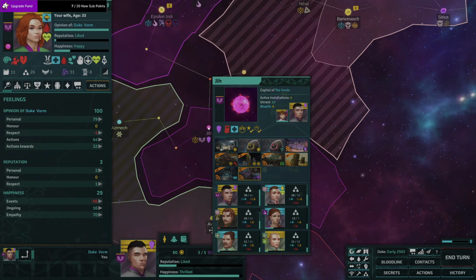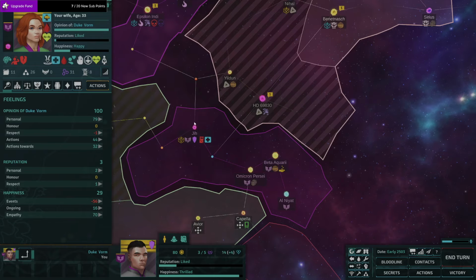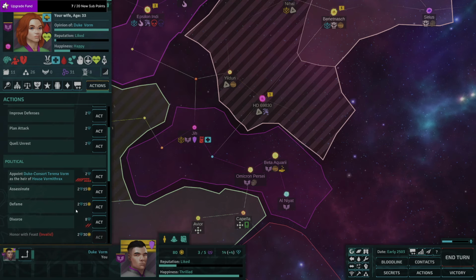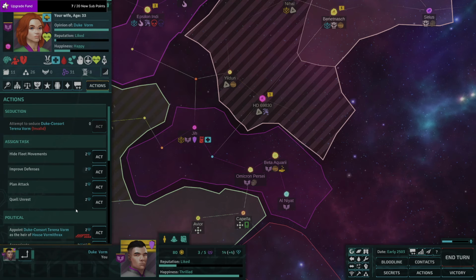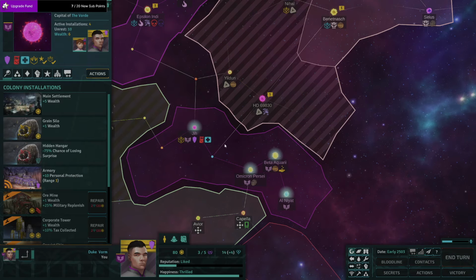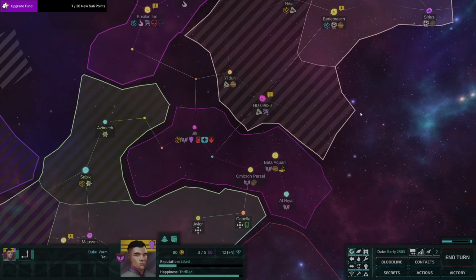I think I can multiply. Maybe I can't do multiples. We'll get some improved defenses bonus built up while we wait.